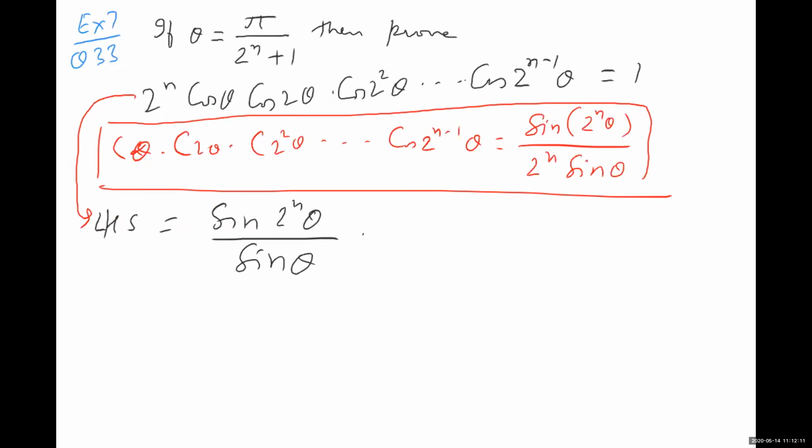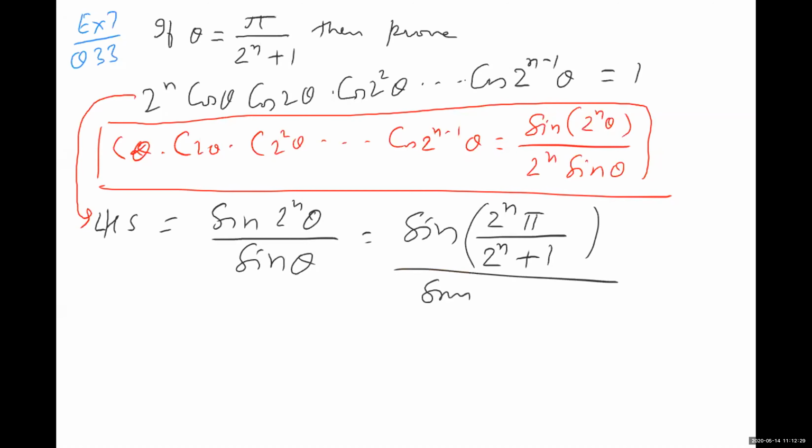Theta is pi upon 2 raised to power n plus 1. So sine of 2 raised to power n pi upon 2 raised to power n plus 1, upon sine theta, where theta is pi upon 2 raised to power n plus 1.